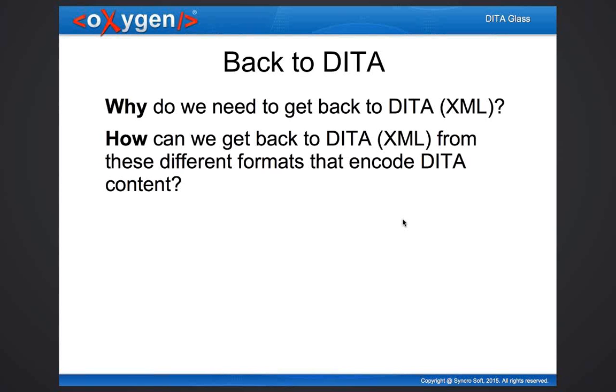And then the question is how? How can we get back to DITA XML from all these different formats that in our imagination, in our mind, encode DITA topics? So basically they are virtual DITA topics.